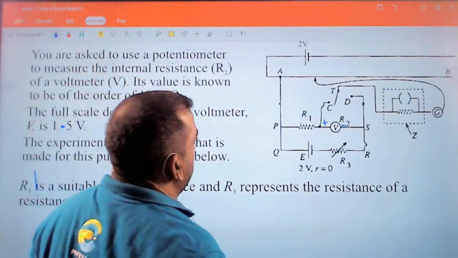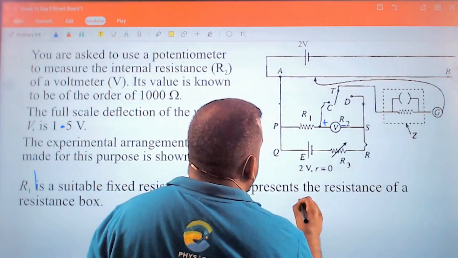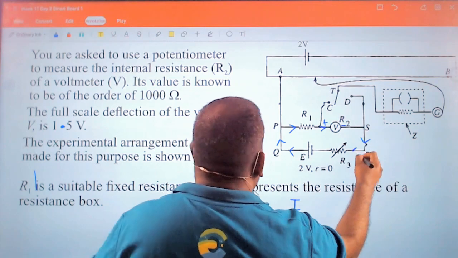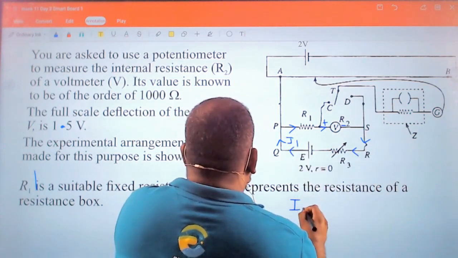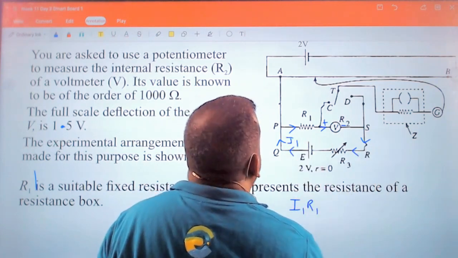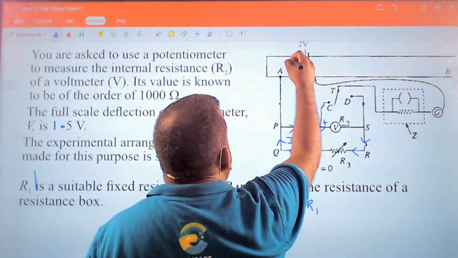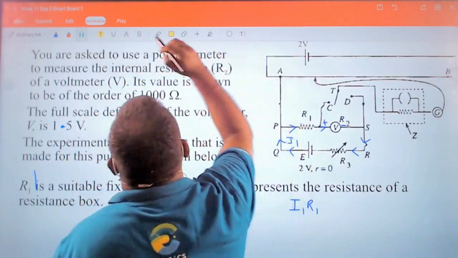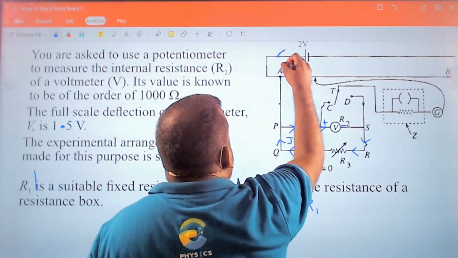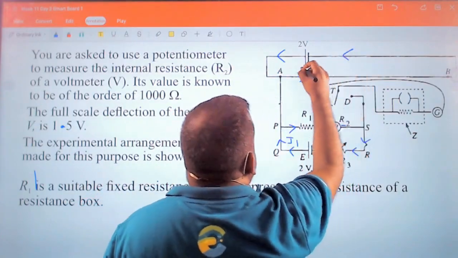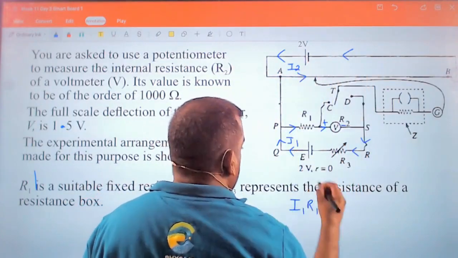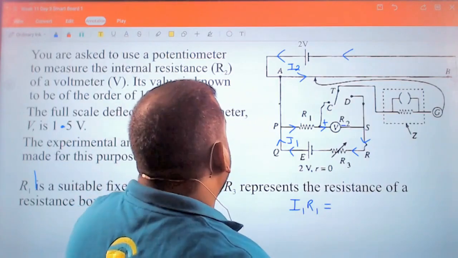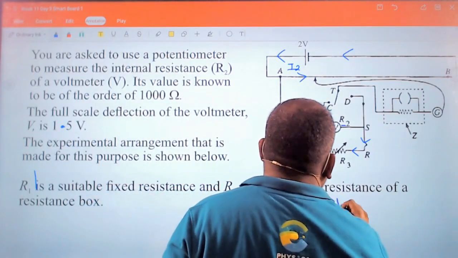In this circuit we will say I1, R1, current goes this way, primary circuit, equals voltage across AC.